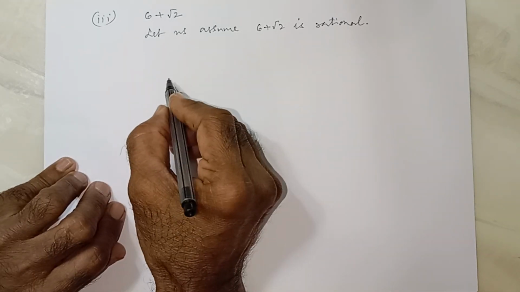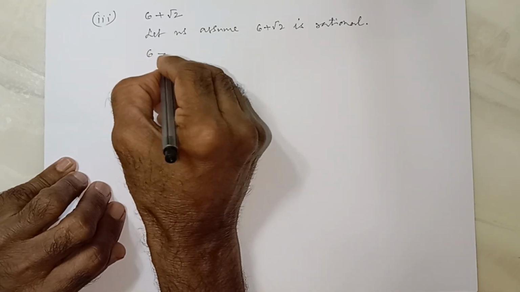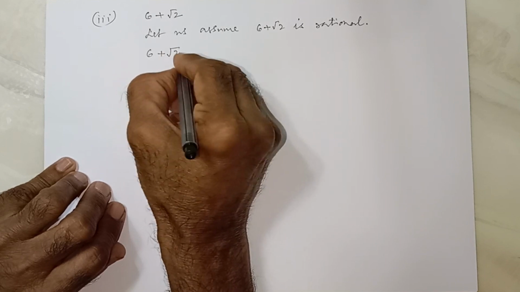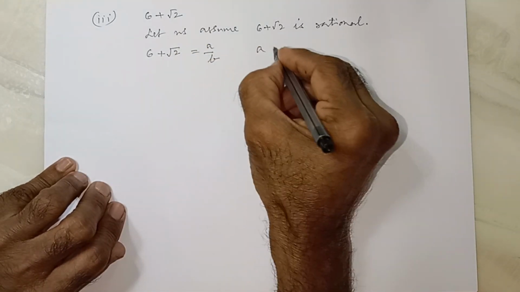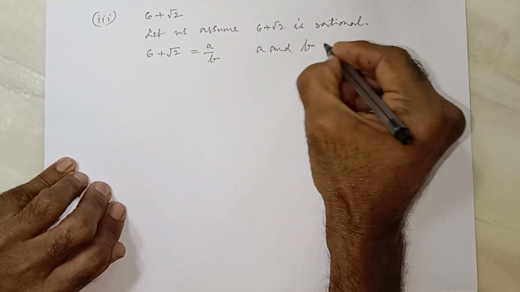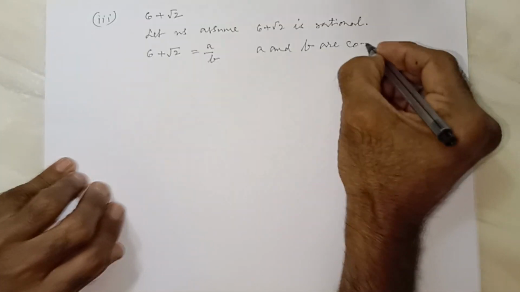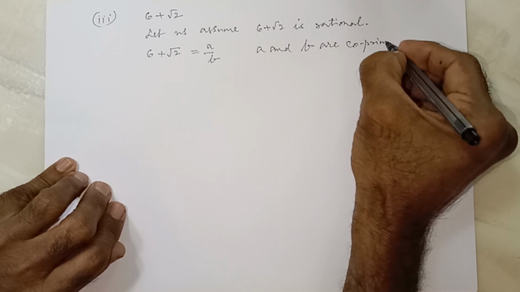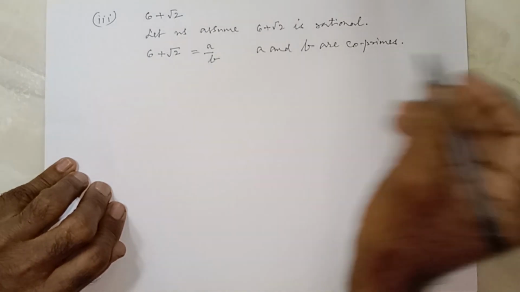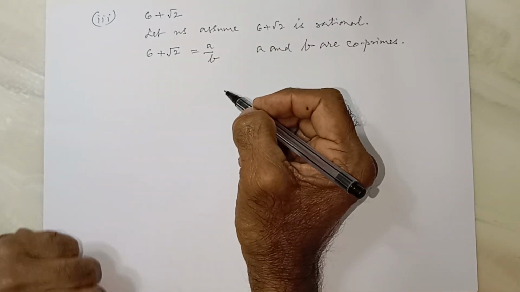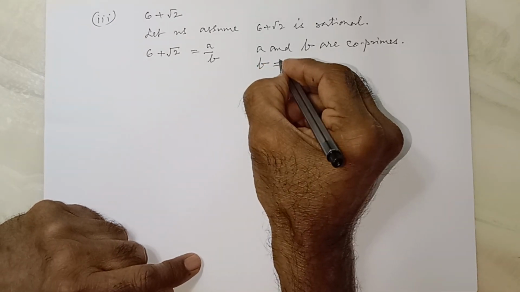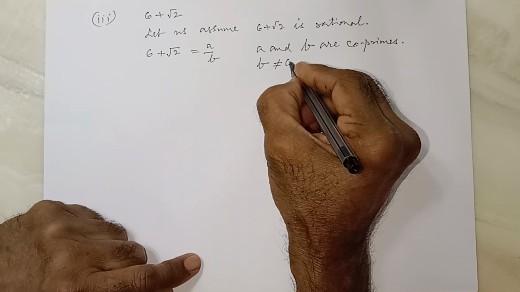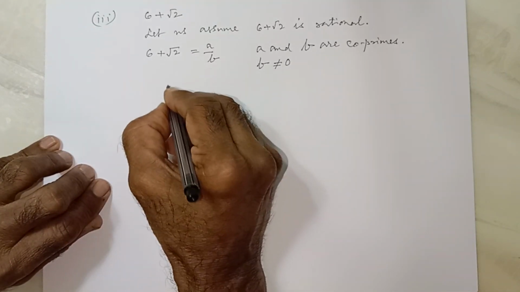There is a way to answer. If it is rational, then this should take the form of a by b, where a and b are co-primes. What is co-prime? Co-prime means it should have only one common factor, that is 1, and b should not be equal to 0.